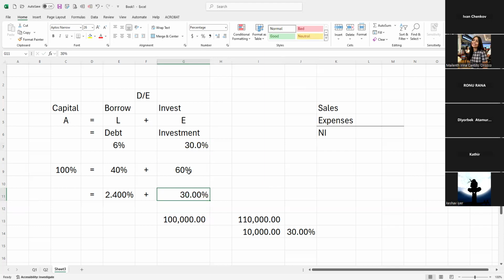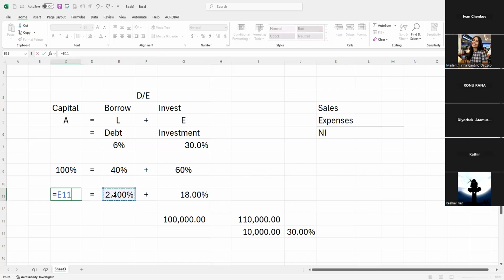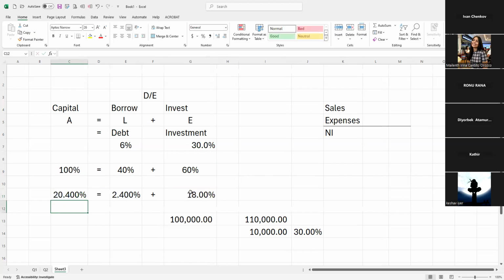Since I'm expecting 30% only on the 60% of the capital, it's going to cost me 30% times 60, that's going to be 18. So my cost of the capital is this number plus that number. This is how much it costs me for every dollar that I have in my company.